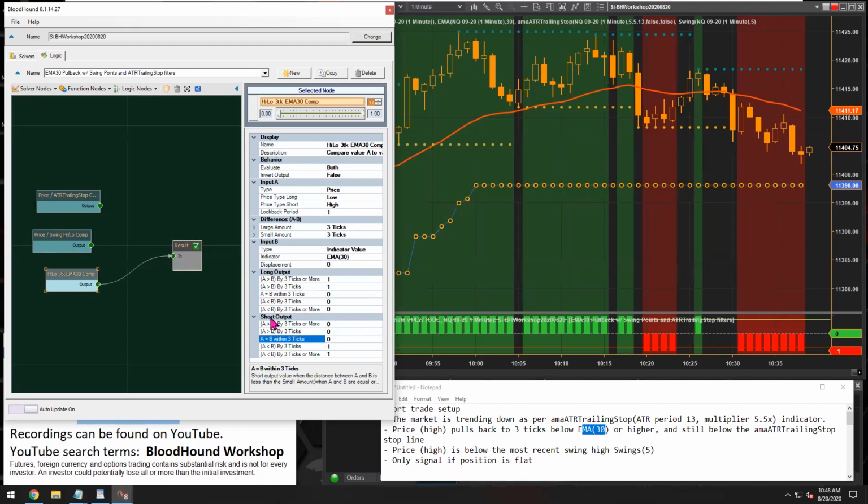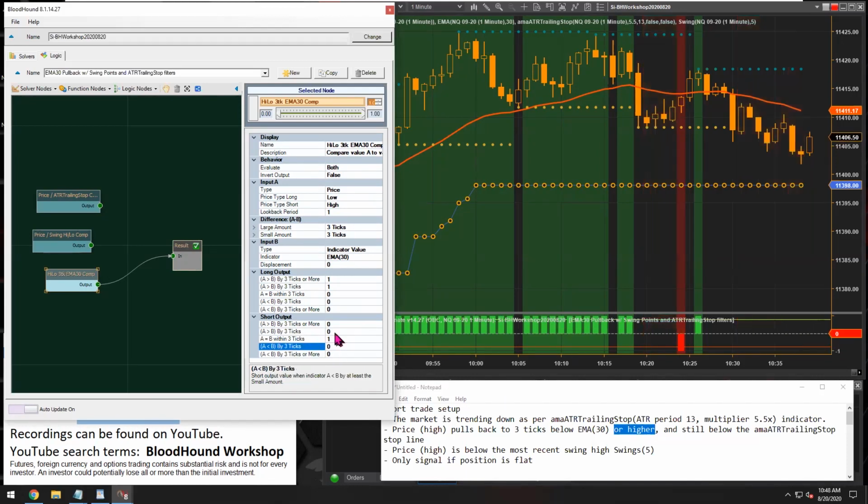Since we're building a short signal here, and we have the instructions, let's work on the short output first. We want the high price to be within 3 ticks below the EMA, or higher. So we're going to turn off these outputs here.